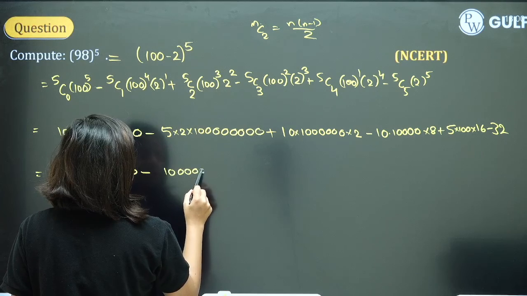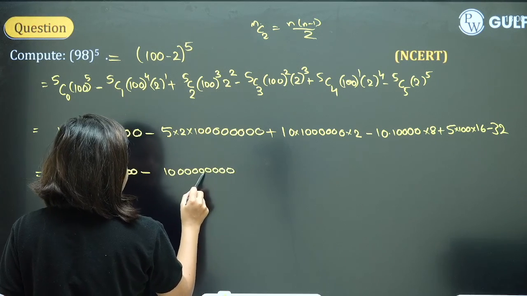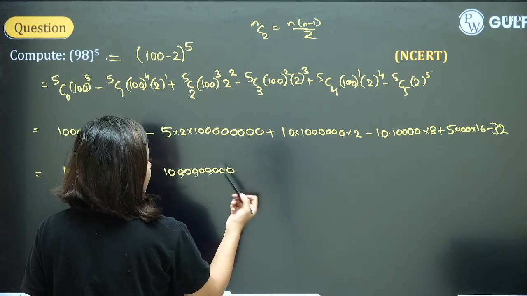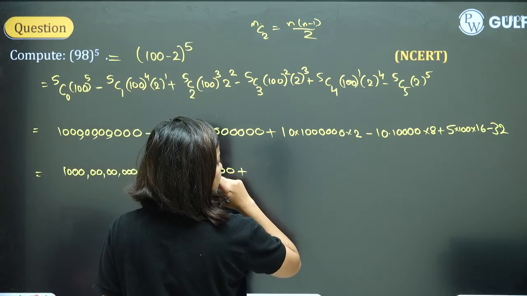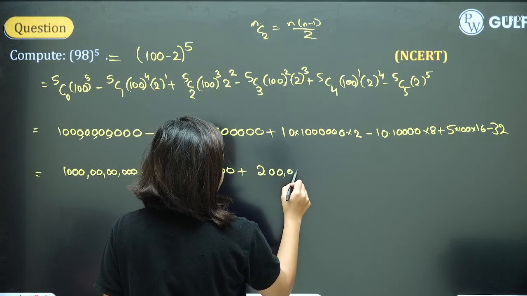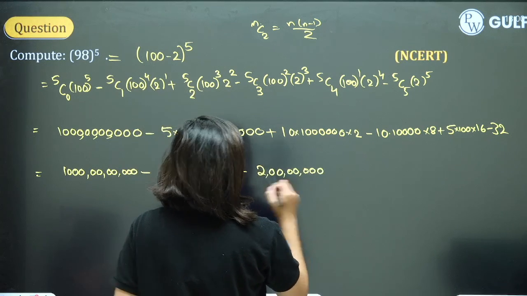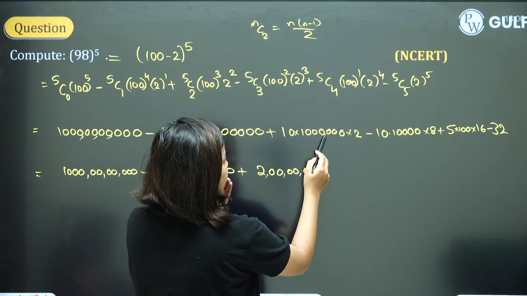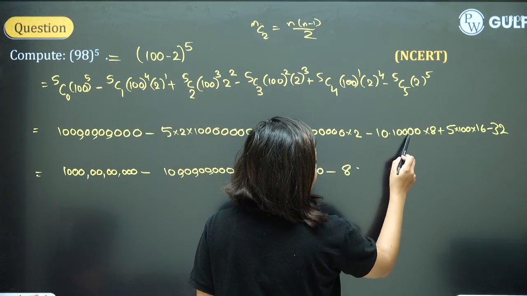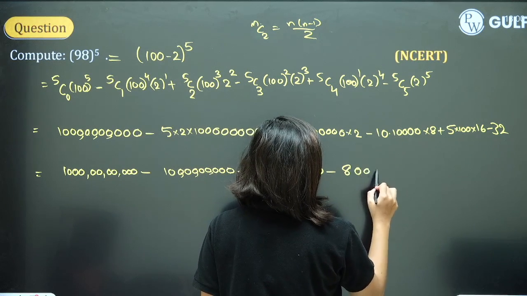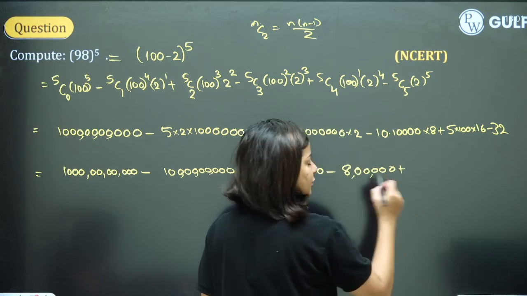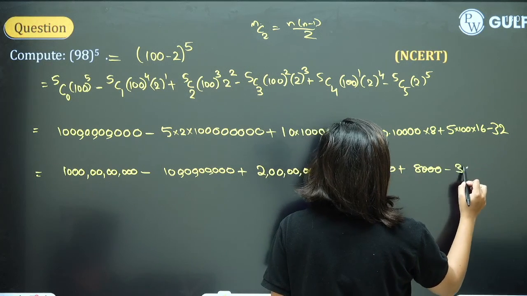Then plus 100 crores. Then this is your 100 crores plus 7 zeros, 2 crore. And then 8 lakhs, and plus 16 5s are 80 into 100, 8,000 minus 32.